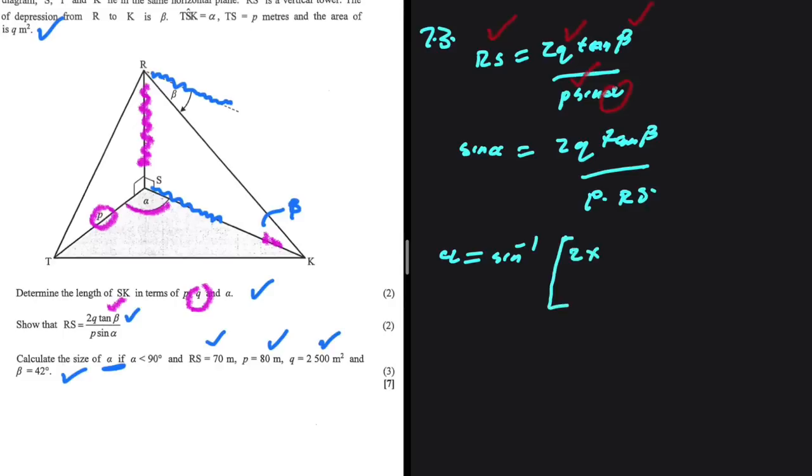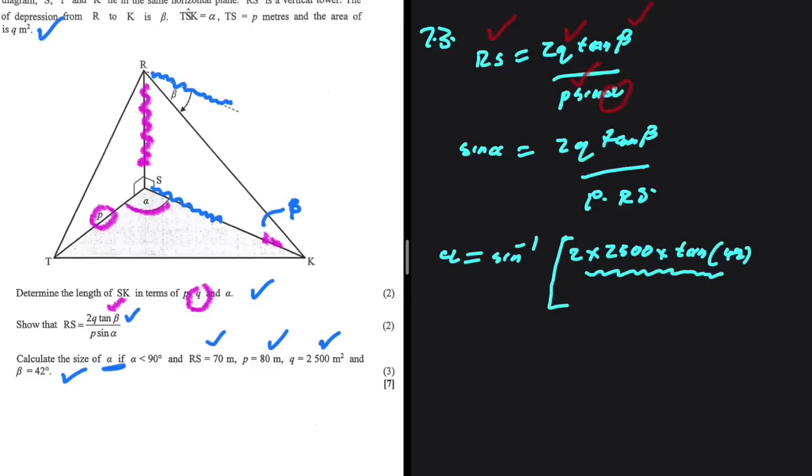We have 2 multiplied by Q. Q is 2,500 multiplied by tan of beta. Beta is 42. And then we're dividing everything by P multiplied by RS.